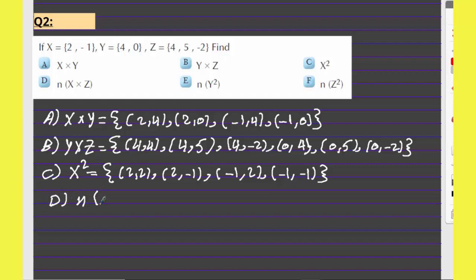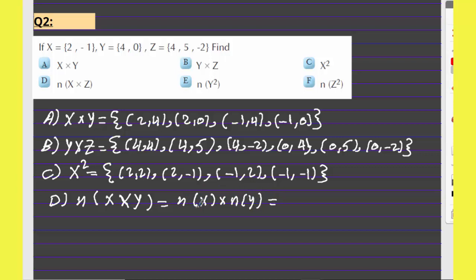n of x multiply y. Cartesian product means the number of elements in x multiply y, which equals n of x multiply n of y.